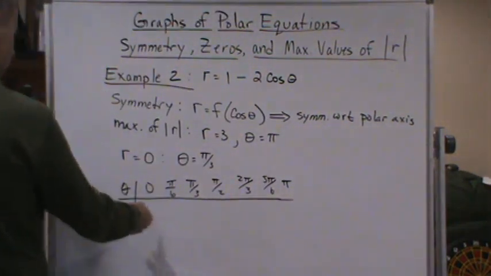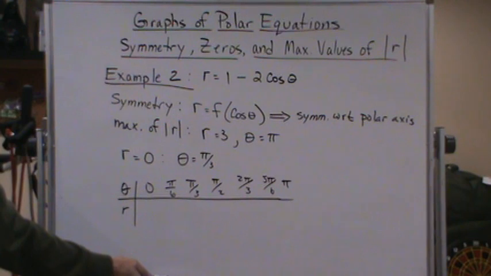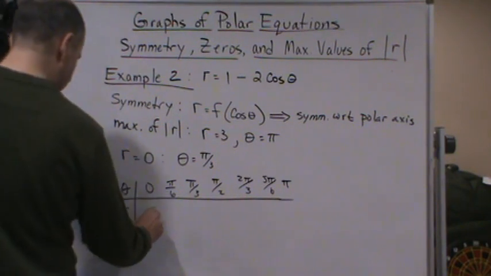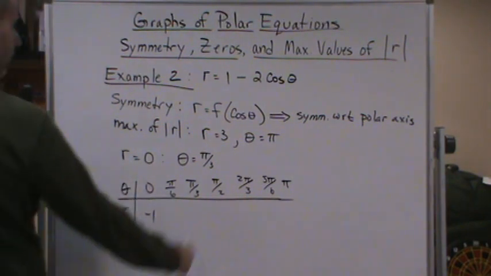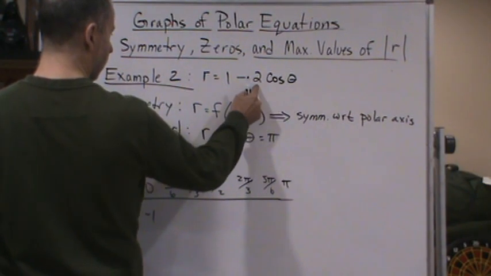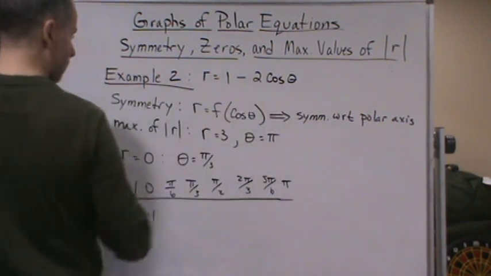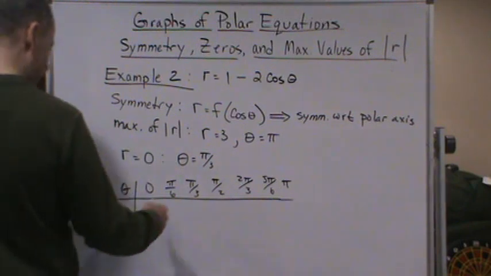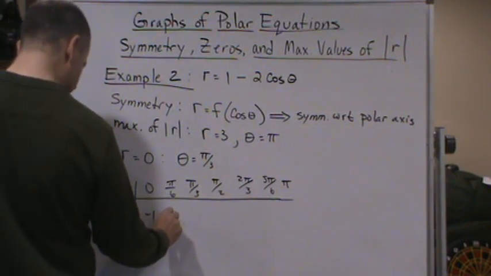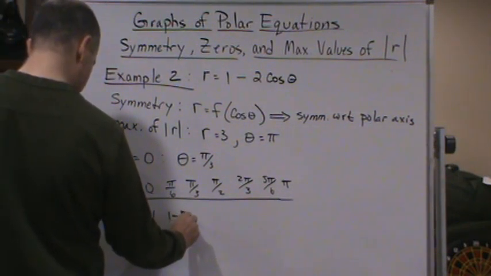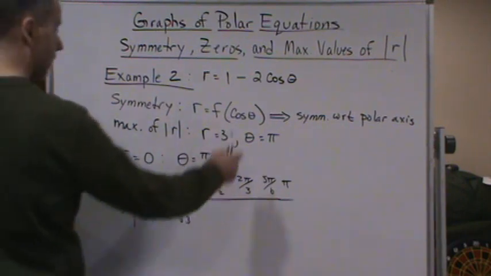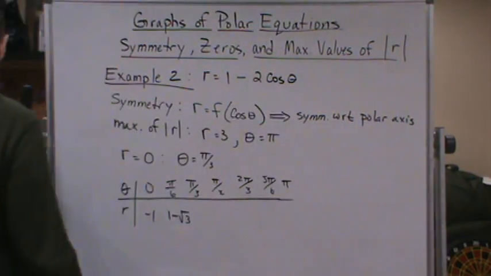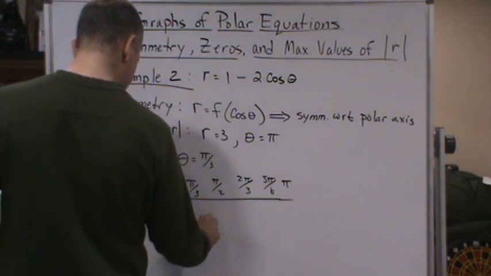So now, when theta is 0, r is negative 1. We saw that earlier, right? This will be 1. 1 minus 2 is negative 1. And then pi over 6, that's going to be a little bit difficult. It's going to be 1 minus the square root of 3, right? Because we're going to get the square root of 3 here. Pi over 3, we know that's going to be 0.